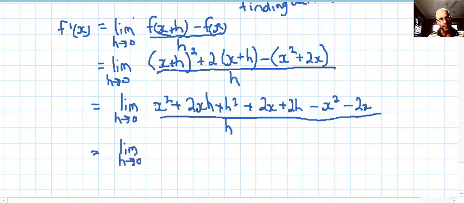So here we go, subtract x squared with x squared, we have 2x and 2x. Alright, now we can factor out h and divide through by h.